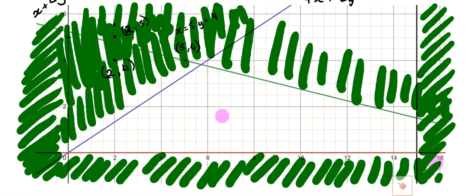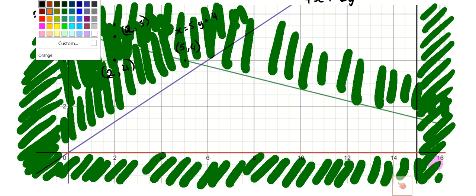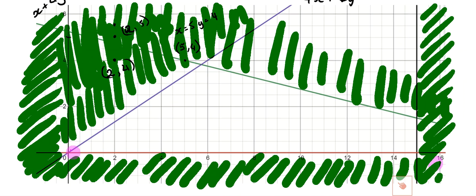But let's just pick some integer values. 0, 0, 2, 0, 3, 0. That's 4, 3, 1. I have got a lot, haven't I? Got loads of them.